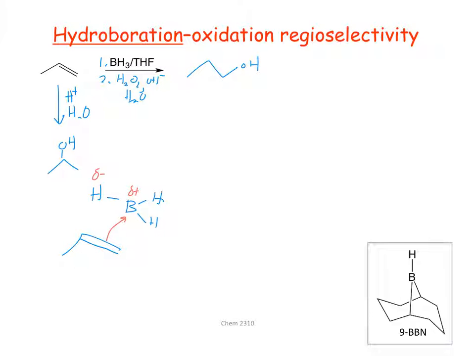Now, it doesn't, in this case, really form a carbocation, but this hydrogen with its electrons comes down at the same time. So this is what we call a concerted reaction.